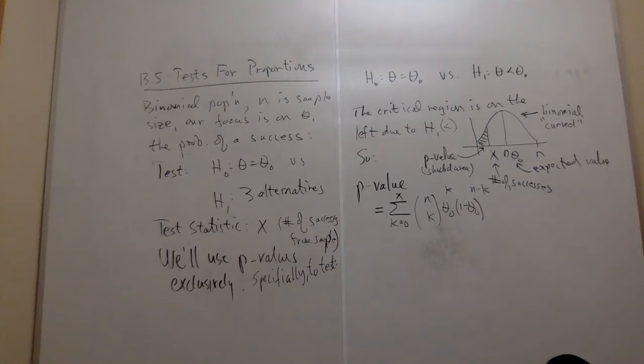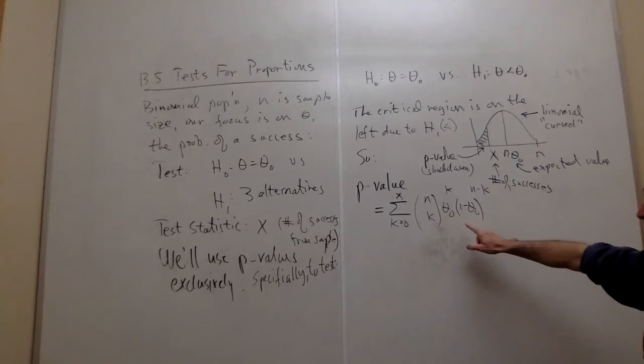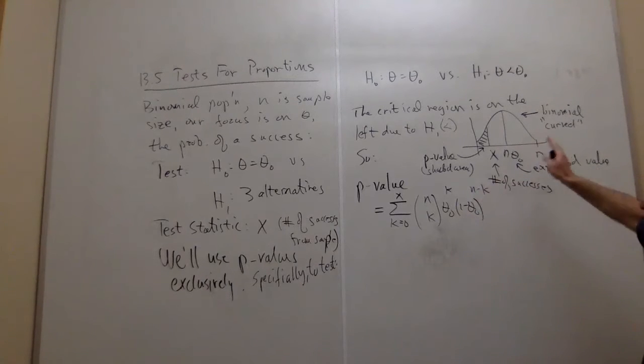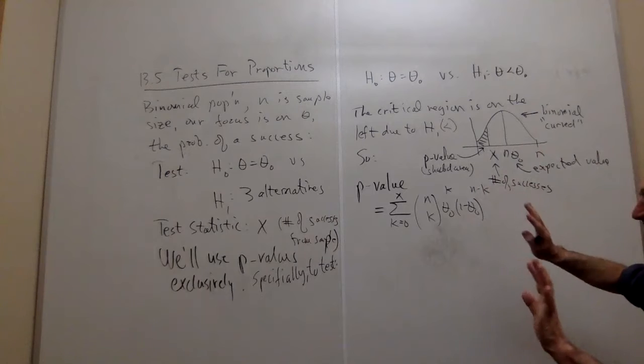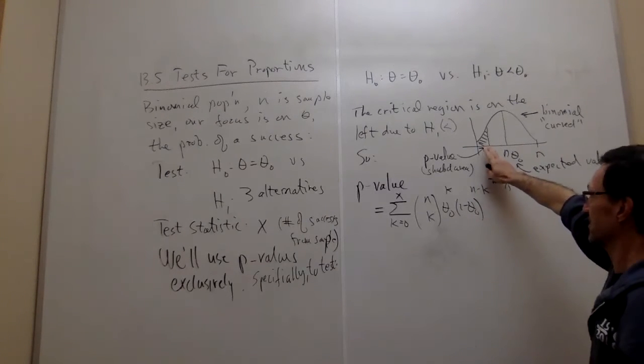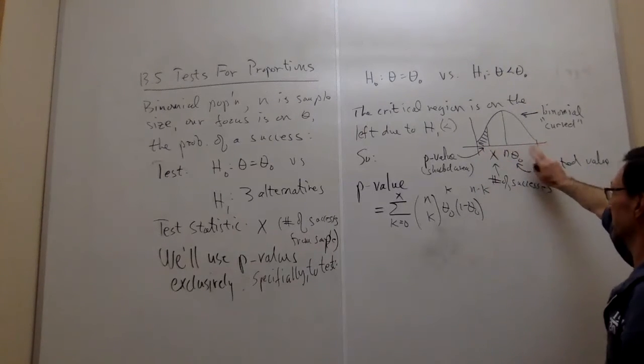Just point out that if the alternate hypothesis were that theta is unequal to theta 0, then we would calculate the p-value and then we would double it, because our critical region would have two pieces. That is, I get evidence that theta is not theta 0 if I get a value to the extreme left or to the extreme right.